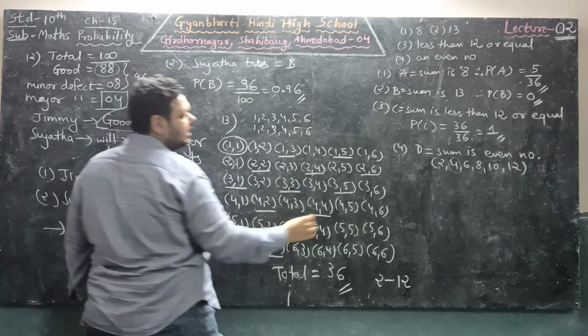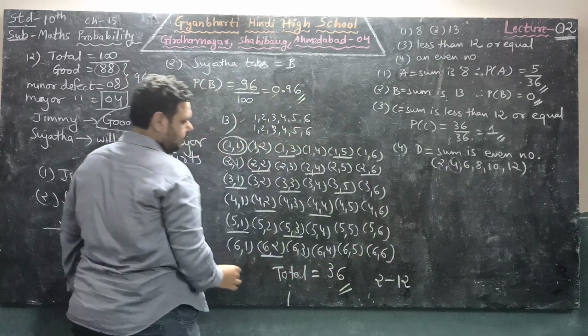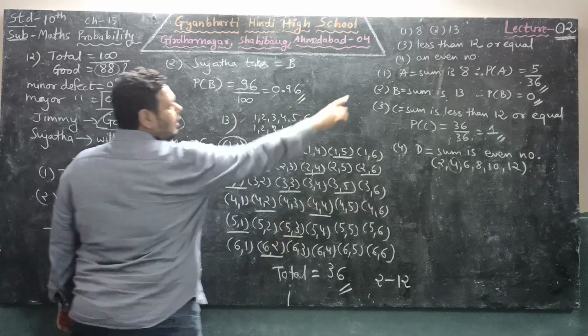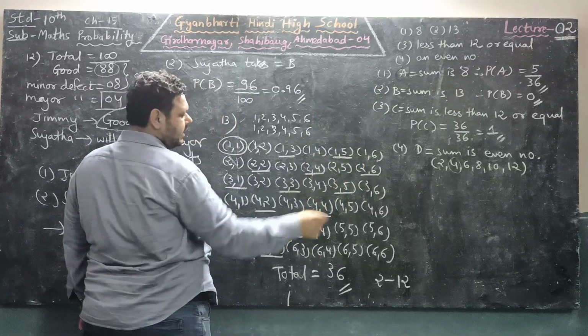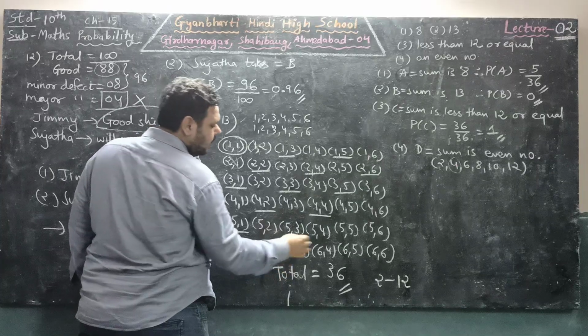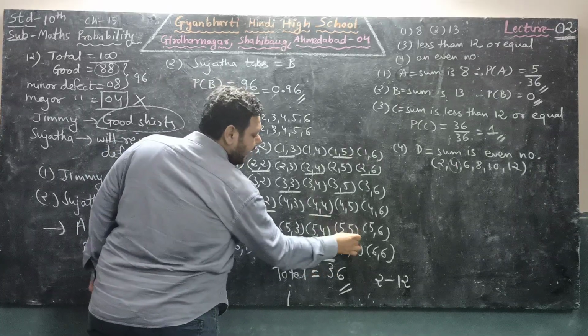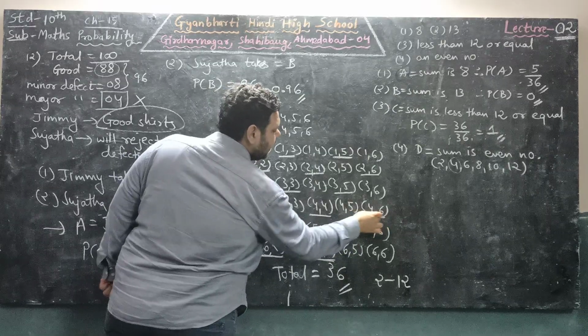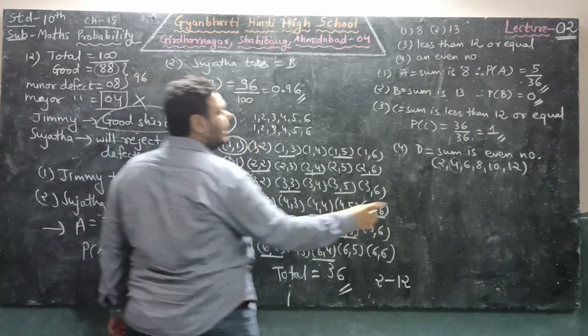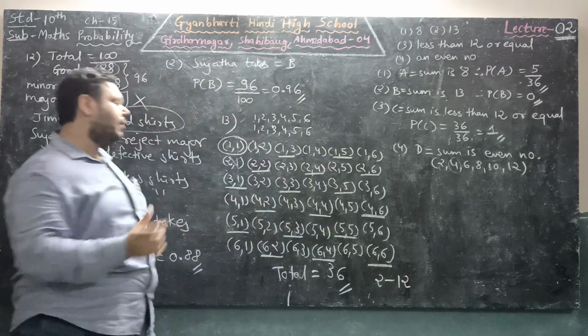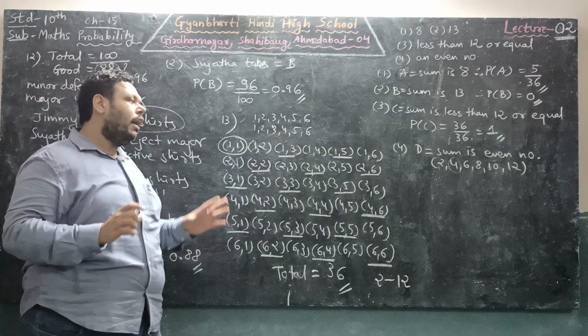Next, the sum must be 8, which we have already found in the first question. Next, the sum must be 10: 6 and 4, 5 and 5, 4 and 6. Next, the sum must be 12: 6 and 6, only one outcome has sum 12.